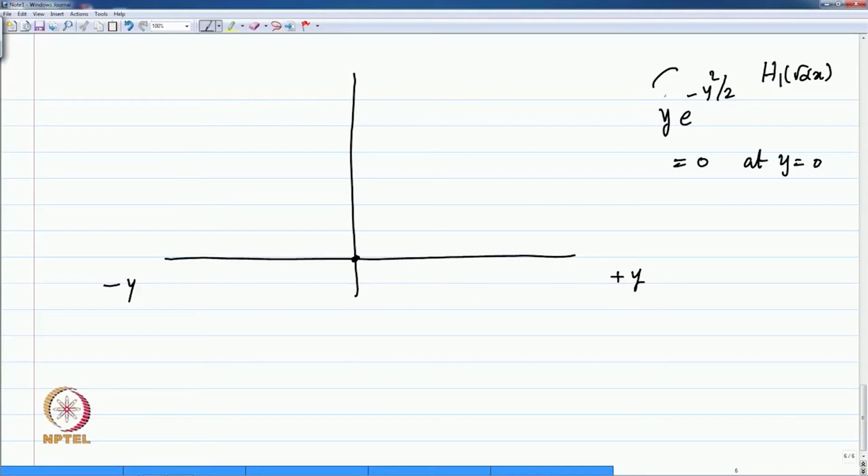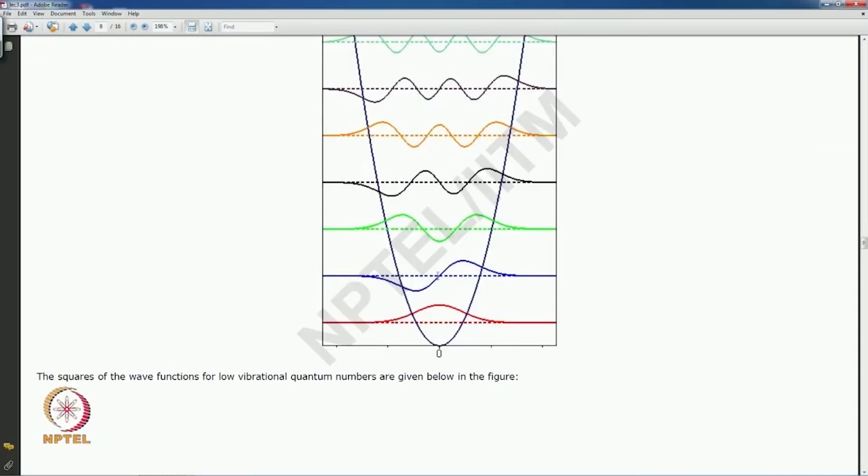And as y increases from 0, the plot goes up with the exponential minus y square very small until it reaches a point that exponential minus y square by 2 starts dominating the function, and then this whole thing goes back to 0. And since it is an odd function, for negative y, it is exactly the same except that it is on the negative side. So, it is not exactly symmetric, but if you look at this picture, you see that the function is 0 in the middle where y is 0, increases and decreases. Therefore, this is the odd function.